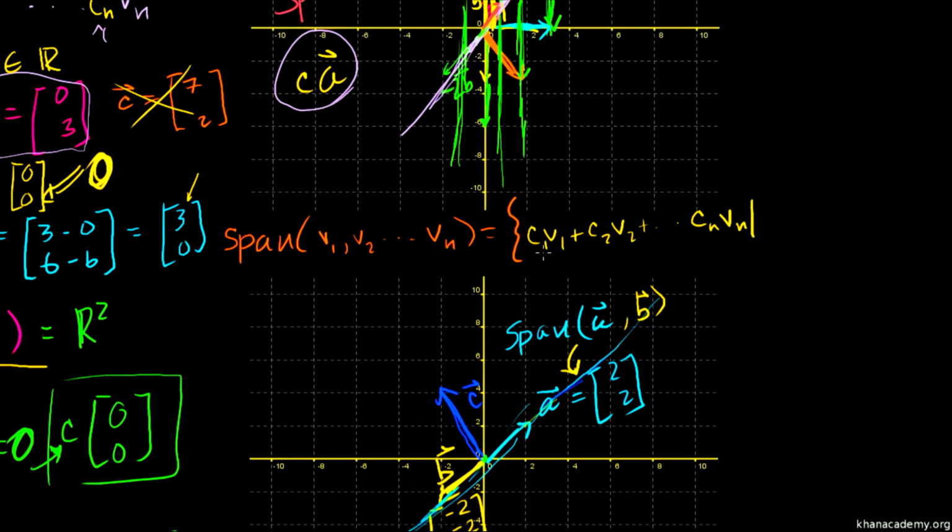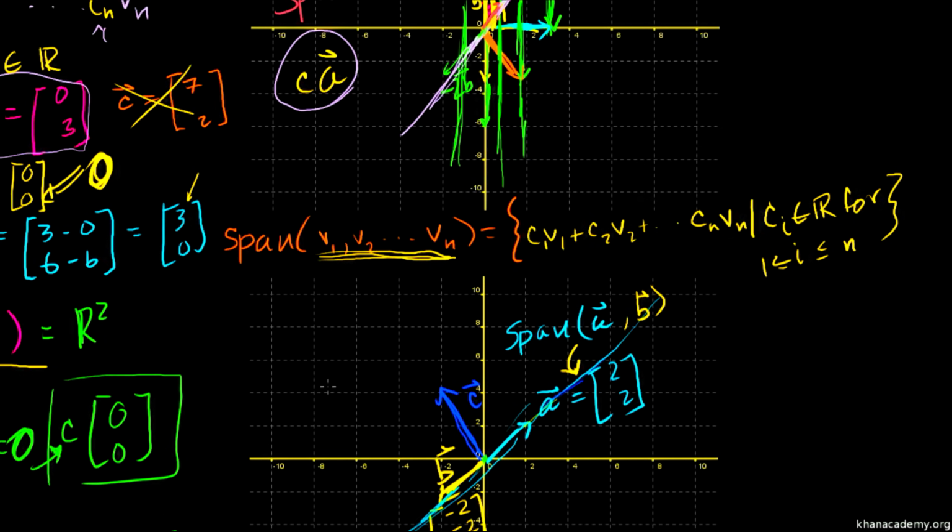This is a set of vectors, because I can pick my ci's to be any member of the real numbers, for i being anywhere between 1 and n. All I'm saying is that I can multiply each of these vectors by any arbitrary real value, and then I can add them up. The set of all of the scaled-up combinations I can get, that's the span of these vectors.